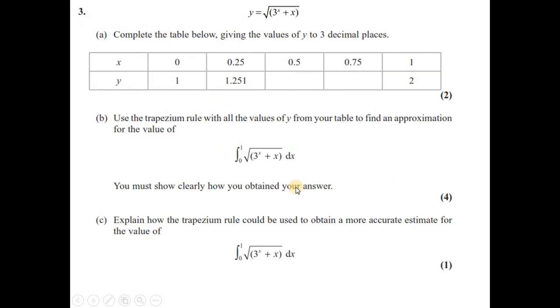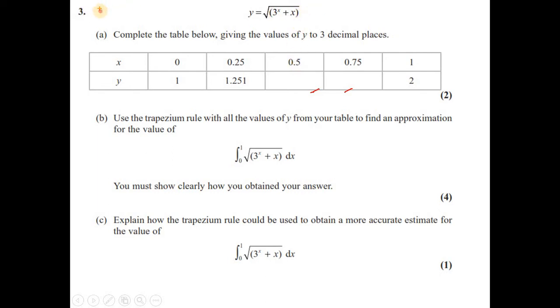Question number 3. Complete the table below, giving the values of y to 3 decimal places. So we have a column, the top values are of x and y is this, so these are two empty values for y, and you just need to substitute x equal to 0.5 in this equation.